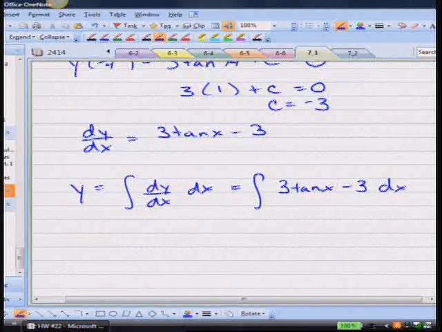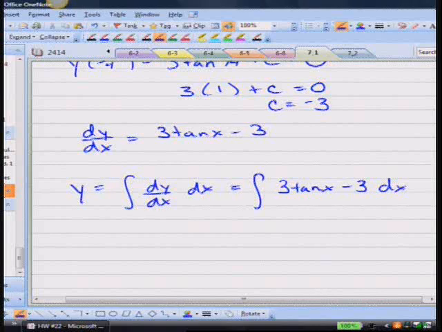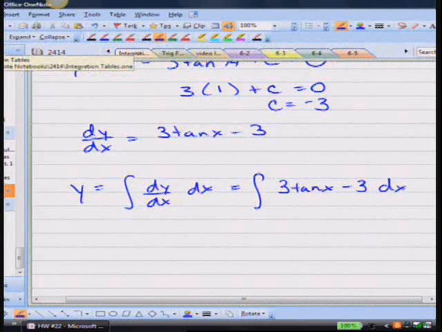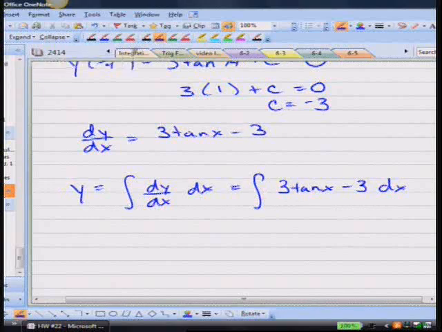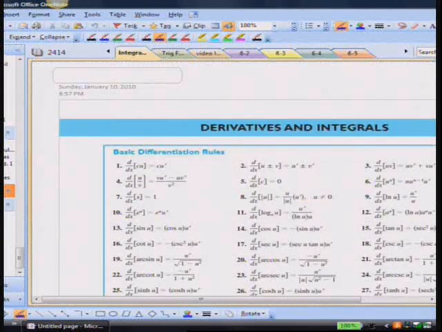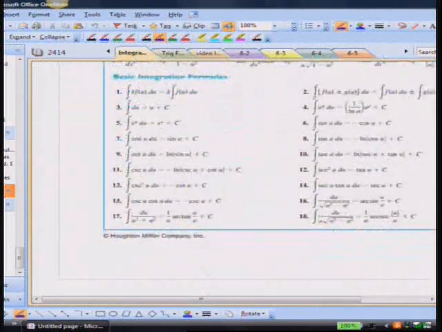You may say to yourself, I don't know the antiderivative of the tangent. Now, you may have just looked at that sheet. Do you remember that sheet that I gave you? The integration table. If you look at your integration table, it's actually on there.